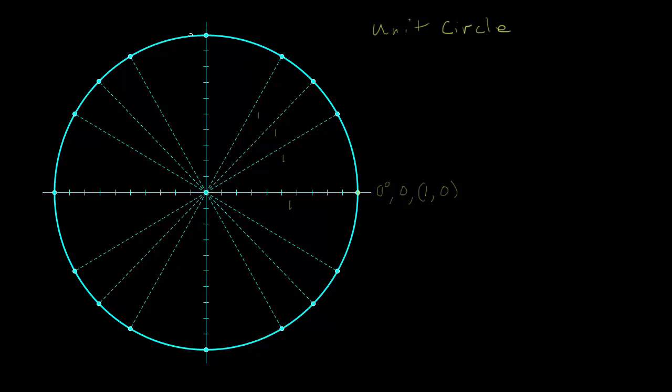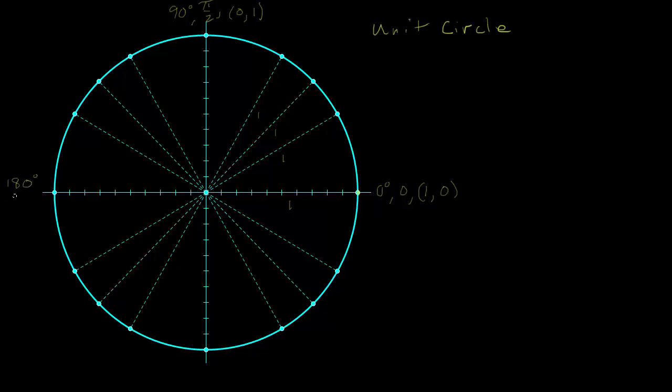All right? So up here, we have 90 degrees, or pi over 2. We've talked about this. And 0, 1. Over here, on the negative x-axis, we have 180 degrees.